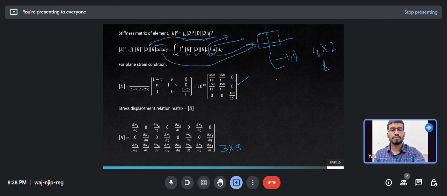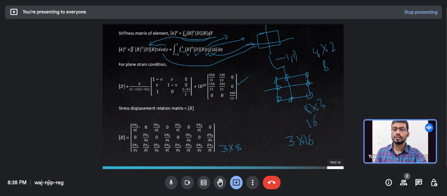If you consider the 8-noded element, the degrees of freedom will be 8 into 2, that is 16, so the size of the B matrix, that is the strain displacement relations matrix, will be 3 by 16.